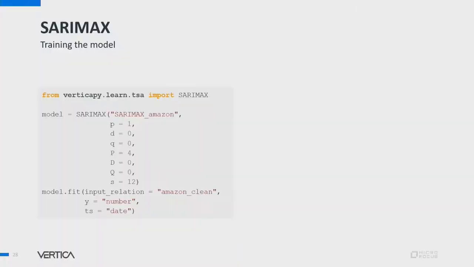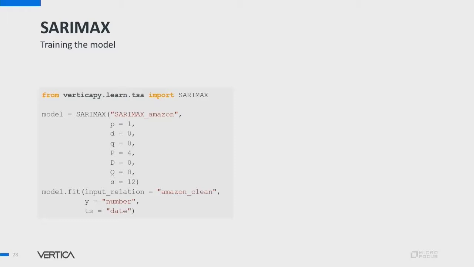In this case, AR and MA are the first part of that, and the plan is to now build the remaining part as well. But SARIMAX, as I mentioned, is already available in VerticaPy. It might not provide you the best possible speed that you might be used to with Vertica, but it's a pretty good tool if you want to do a quick proof of concept and run it.